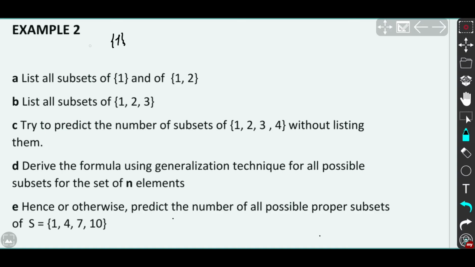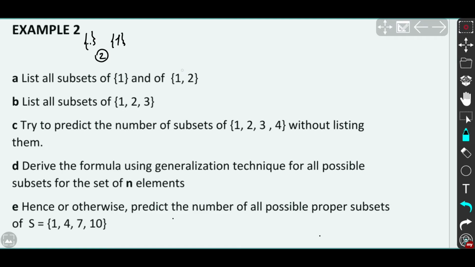And also, the empty set is going to be a subset for any set. So that's why the empty set is always a subset of any set. So that means for a set of one single element, you have two possible subsets.